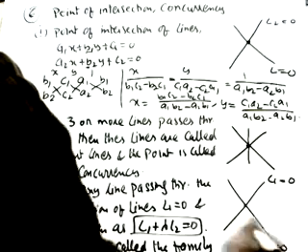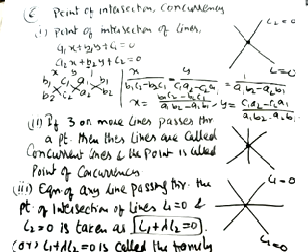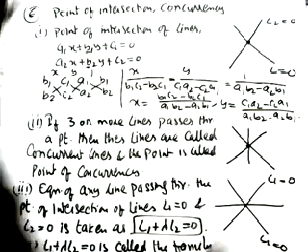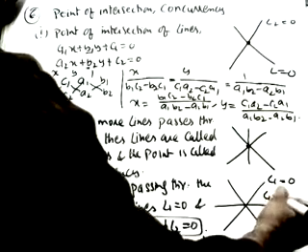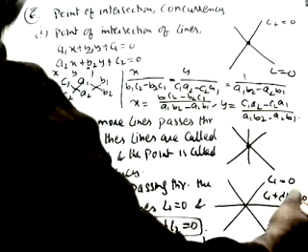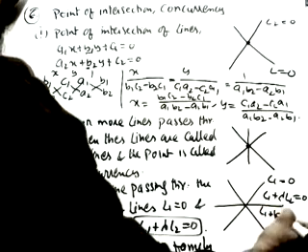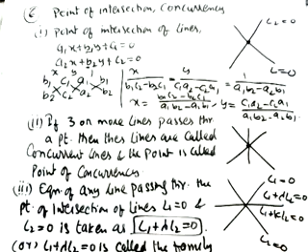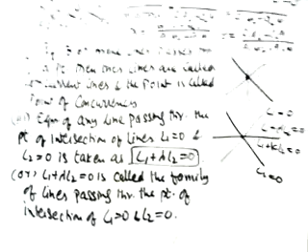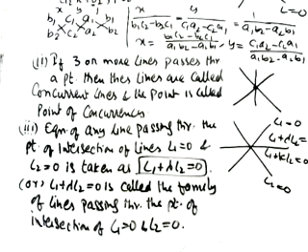Suppose one line is L1 equals 0 and another line is L2 equals 0. Then any line passing through the point of intersection of these two can be taken as L1 plus lambda L2 equals 0. In some books we write this constant as K: L1 plus K L2 equals 0, where K or lambda is the constant.